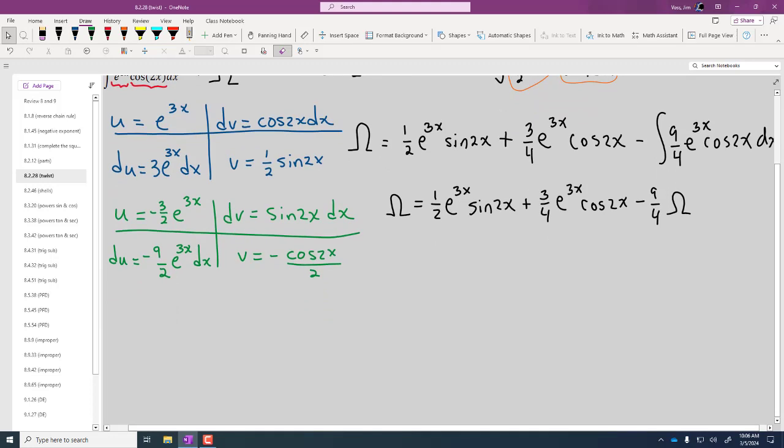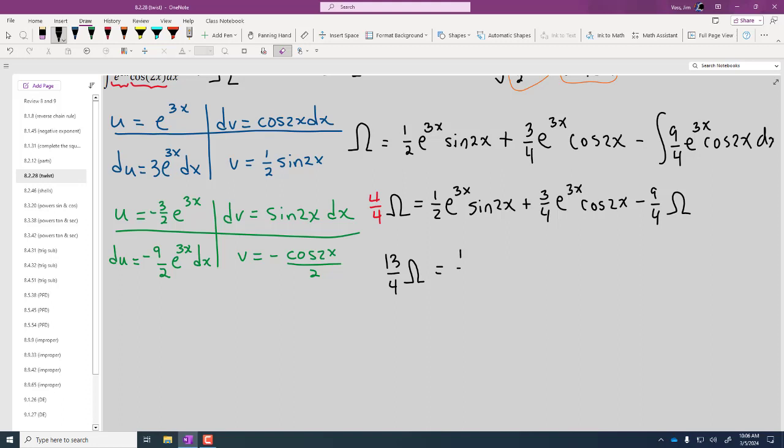We're going to treat it like a one variable equation in omega. So we're going to add, what are we going to think of this coefficient as so that we can combine these two omegas? 4/4. Yeah, 4/4. So then when we twist these omegas together, we get 13/4 omega. And the moment we move the omegas to the left, we need to introduce something on the right-hand side.